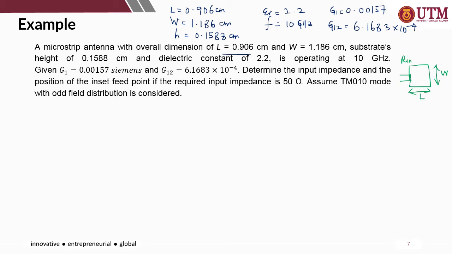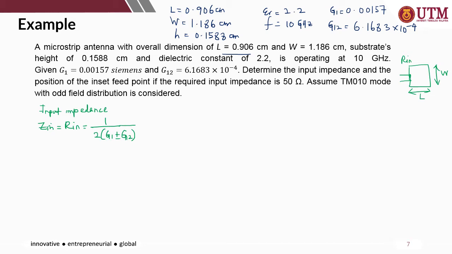So in this case, the input impedance Z in is equivalent to R in. Since you know the G1 and G12, it is equal to 1 over 2 times (G1 plus/minus G12).